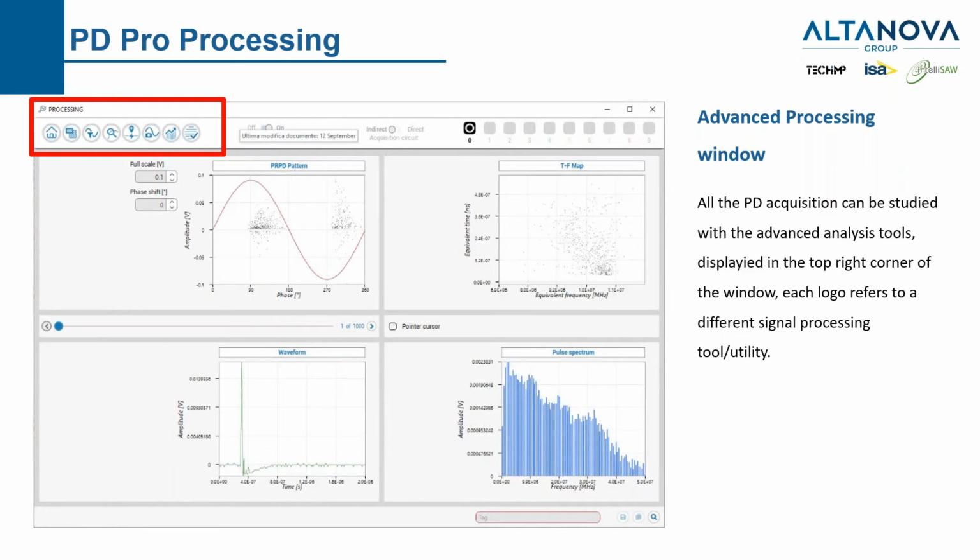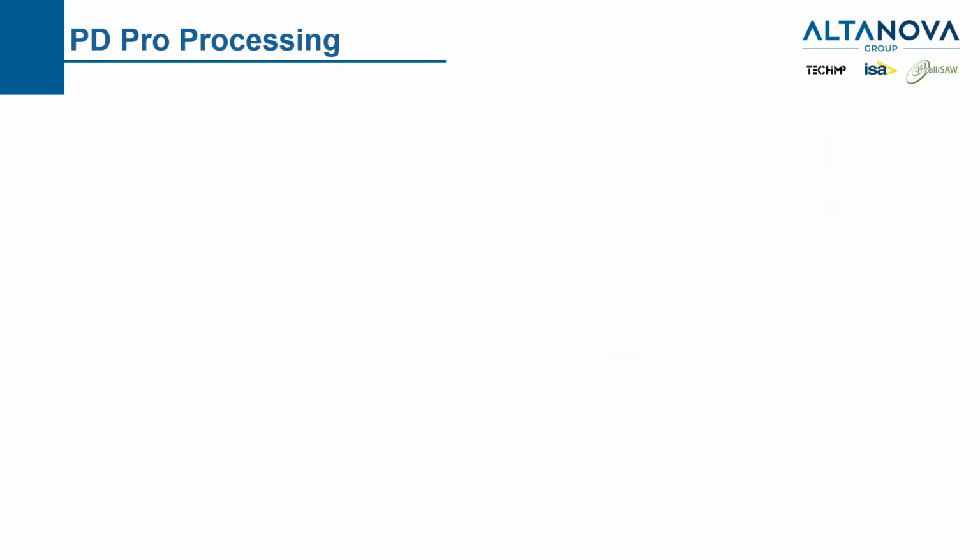So we have the full scale, the PRPD pattern, and the TF map. And in case we have performed a waveform acquisition, we also have the visualization of the single PD pulse and its pulse spectrum. The series of logos on the top left that you see are the different stages that we can use to study our data more deeply.